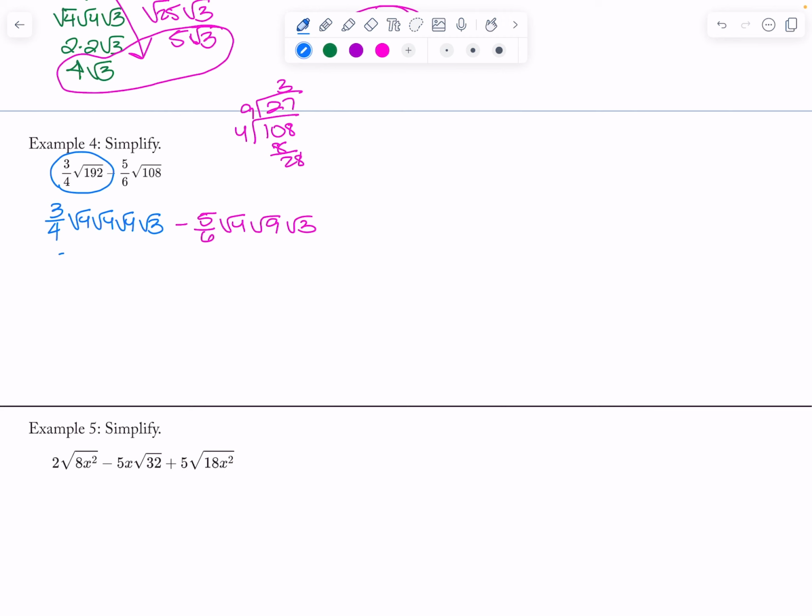Okay, so then my first one has a 3/4, and I have 2 times 2 times 2 times 2, which is 8, root 3, minus 5/6, and I have a 2 times 3 and a root 3. So my 8 and my 4 can reduce, so that gives me a 6 root 3. And then I have minus, so my 2 and my 3 and my 6 can reduce, so that gives me a 5 root 3. And then 6 minus 5 is 1, so I get 1 root 3.